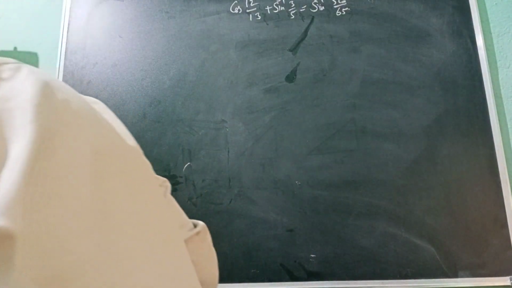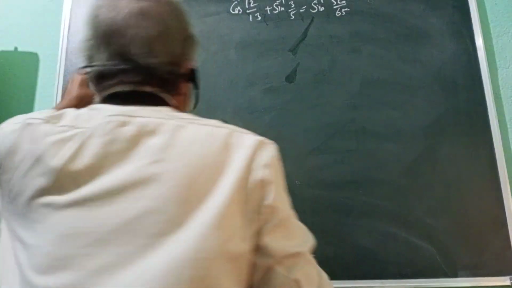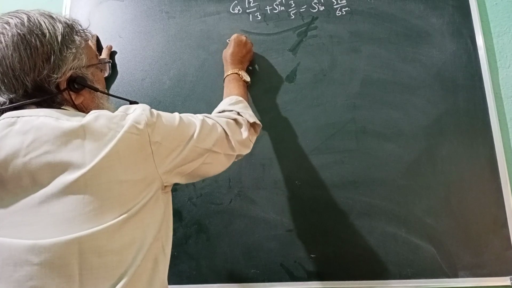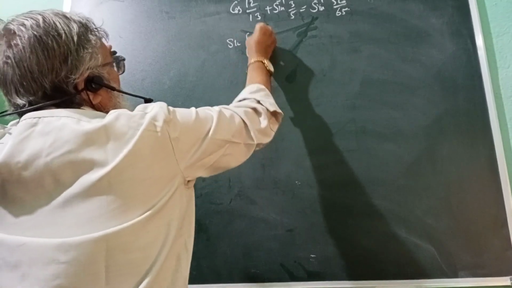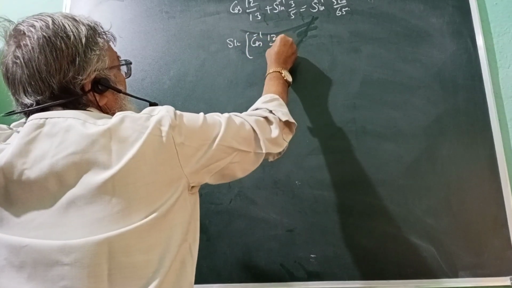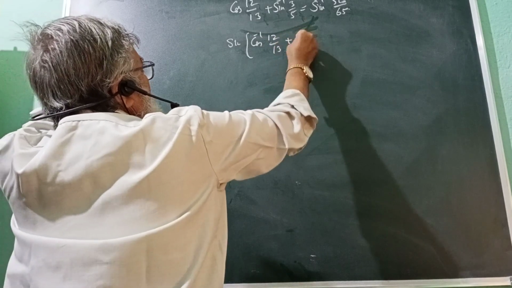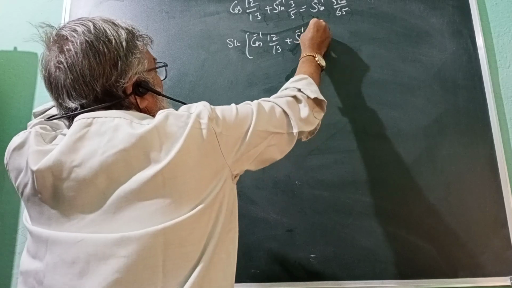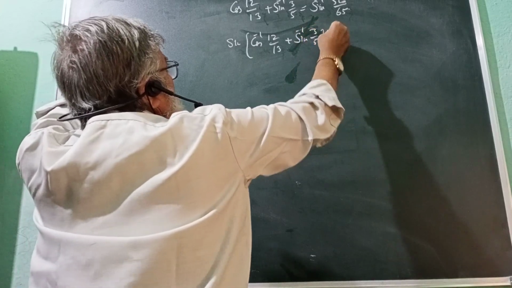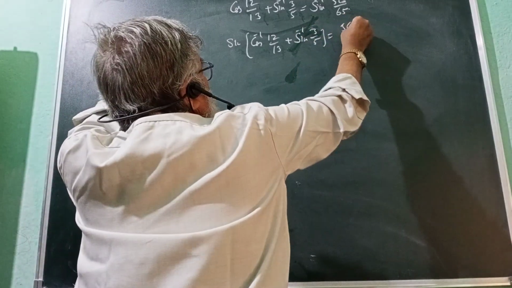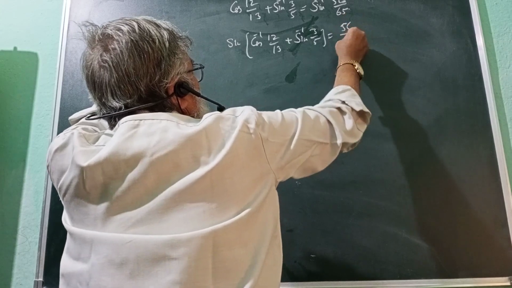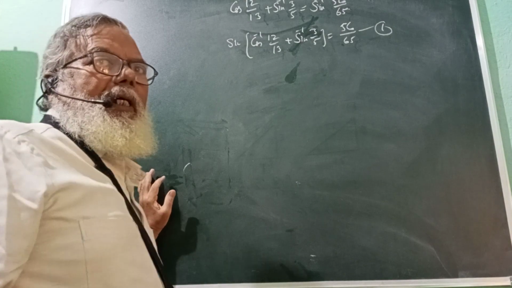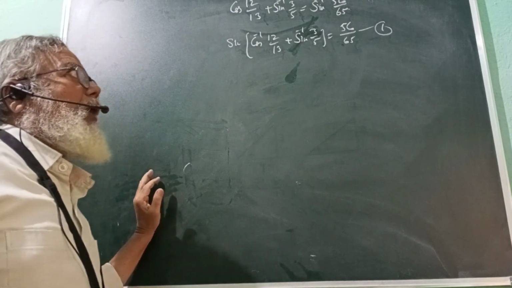The same can be written, taking sine on both sides, as sine of (cos inverse 12 by 13 plus sine inverse of 3 by 5) is equal to 56 by 65, equation 1. Now we will prove equation 1, which means we are proving the given problem.